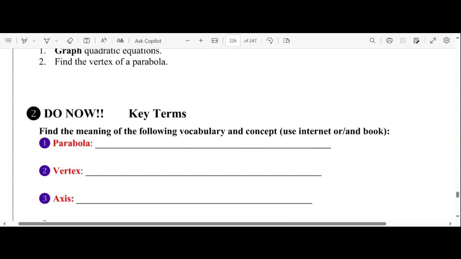Just a curve, okay? And it has like a head, and the head is either in the bottom or in the top. So it has like a corner or a side, okay? So if I want to grab this, the parabola, let me graph it for you.